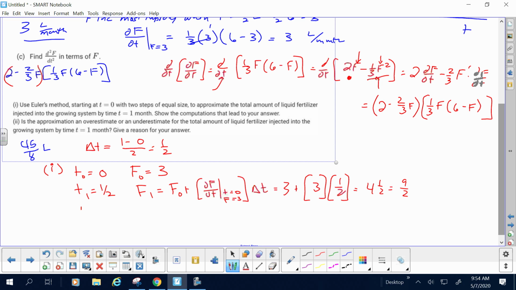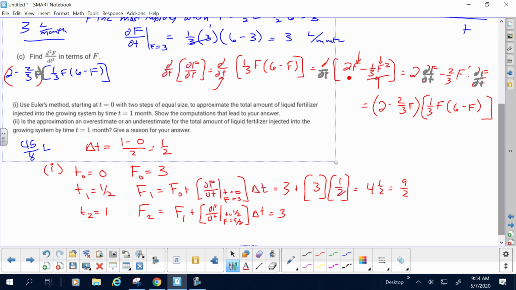At time 2, or the second iteration, which is 1 month away, the fertilizer would be approximately, and I'll deal with the approximation in a minute. I wasn't sure what to call these, equals or not. Euler's method is equal, but I'll just put the approximation in my final answer. So f1 plus df/dt at time 1/2, f equal 9 halves at the previous values, times delta t.